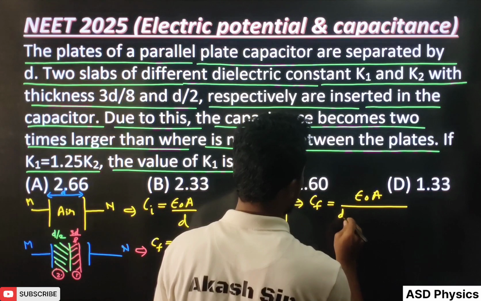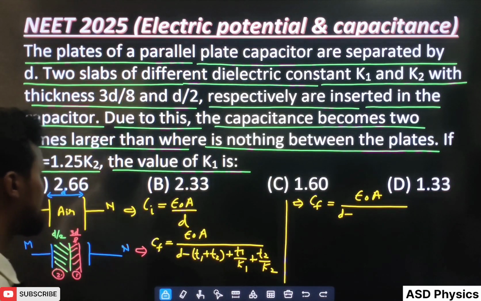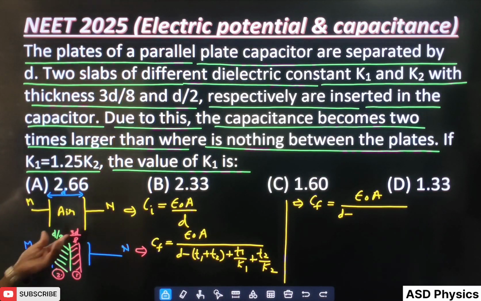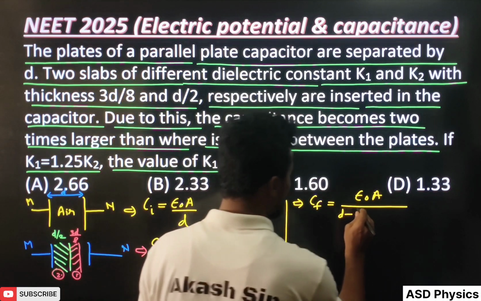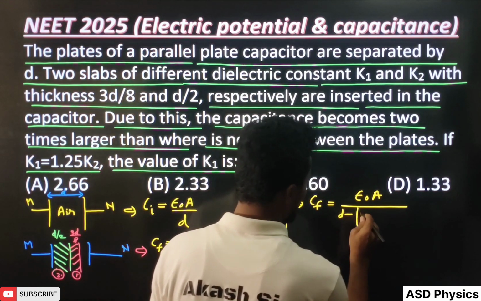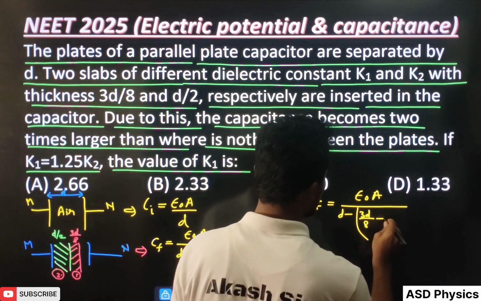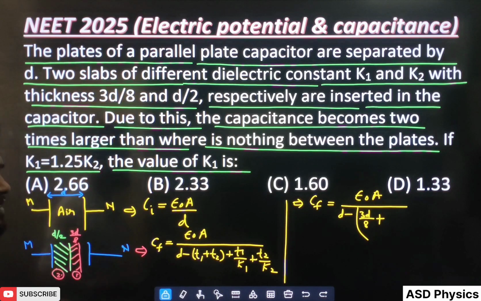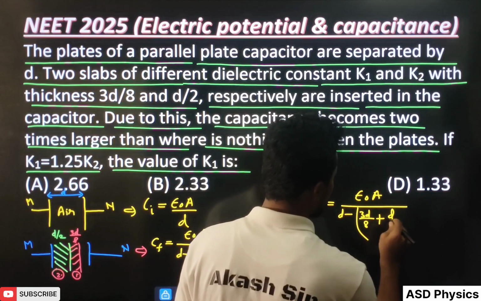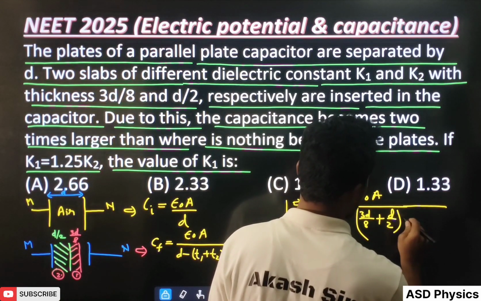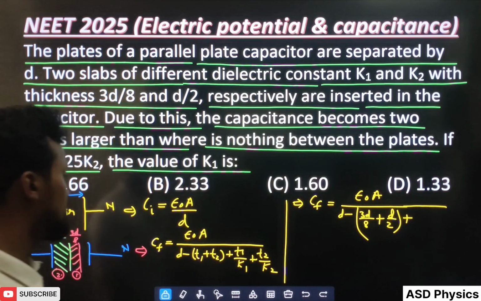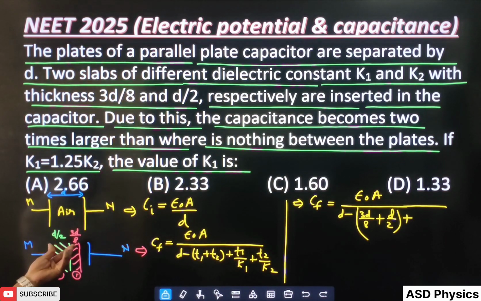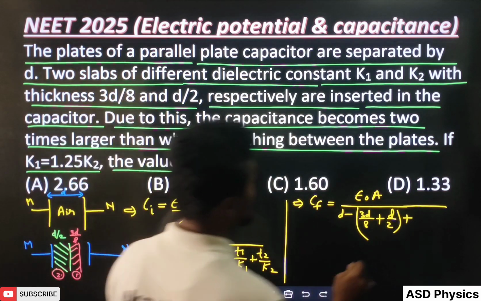So CF is equal to epsilon naught A by D minus (T1 plus T2), which is D by 2 plus 3D by 8. T1 means 3D by 8 and T2 means D by 2. You can even interchange T1 and T2, no problem. Plus T1 by K1, that is 3D by 8 K1.